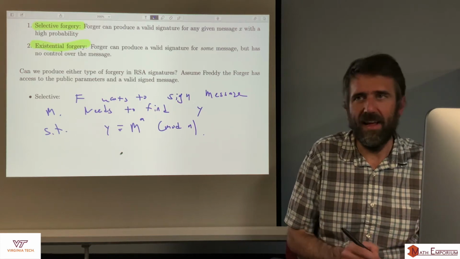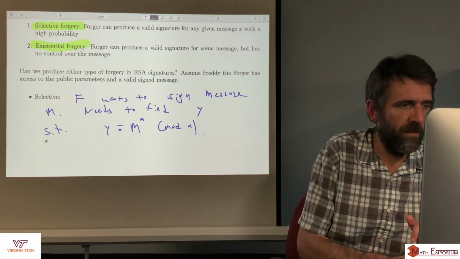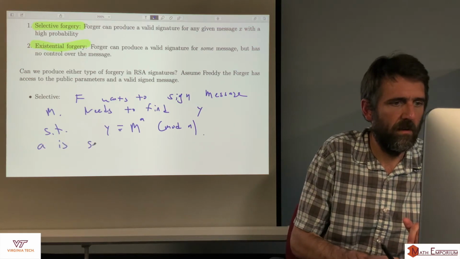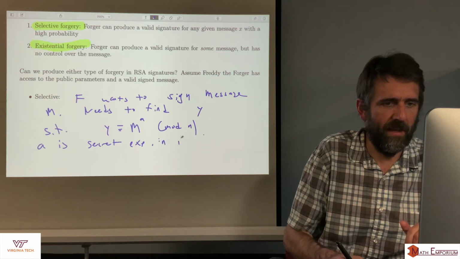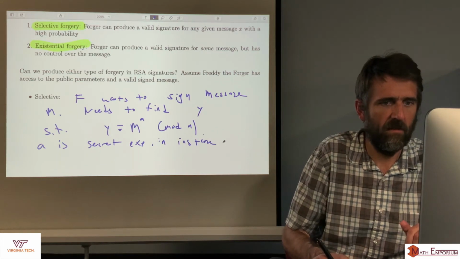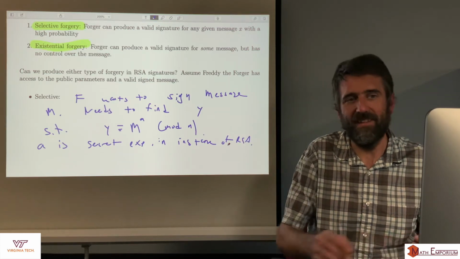But a is essentially the secret exponent in an instance of RSA, so this amounts to breaking this instance of RSA.